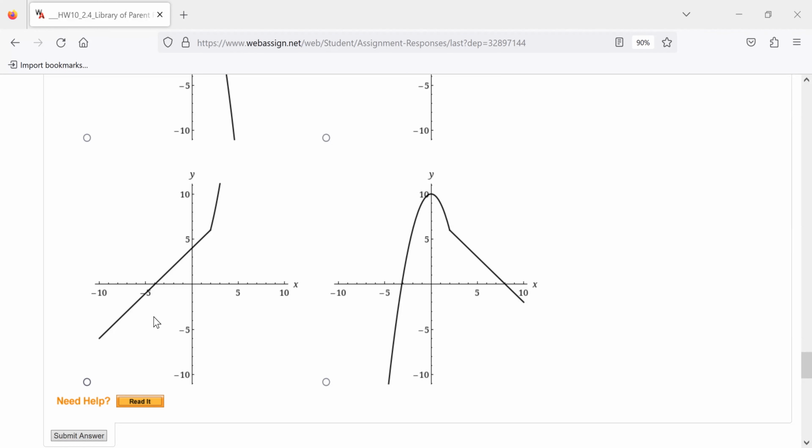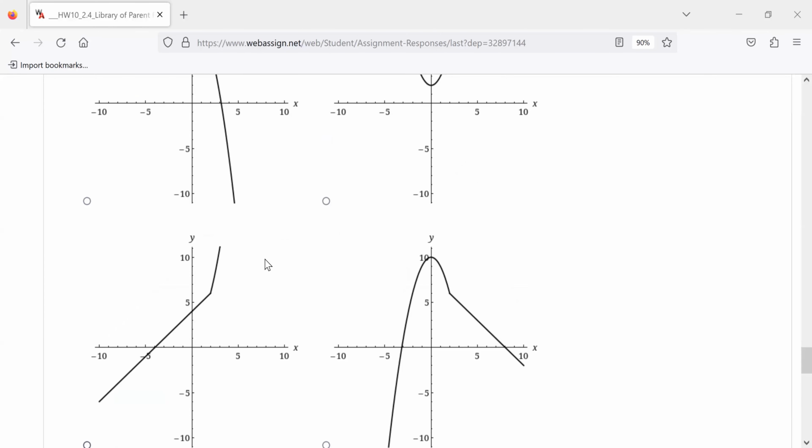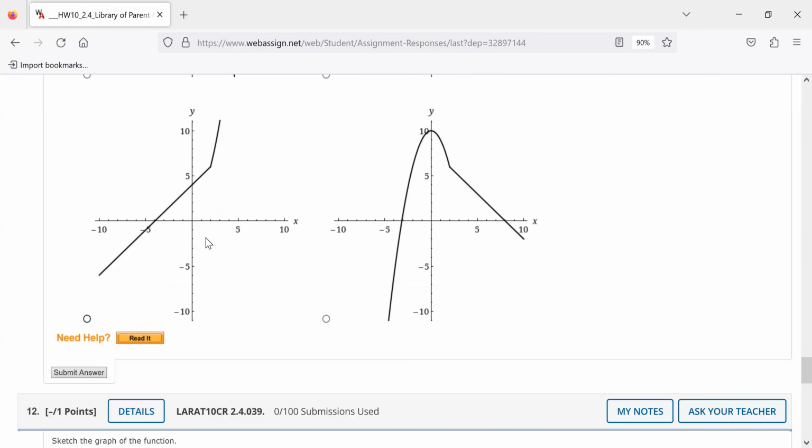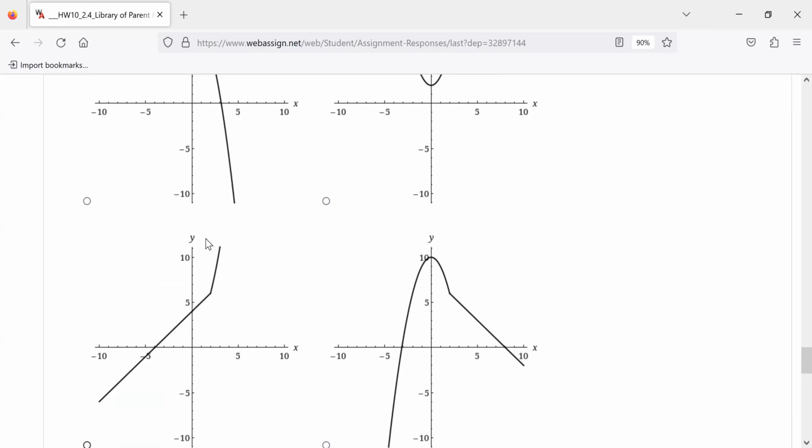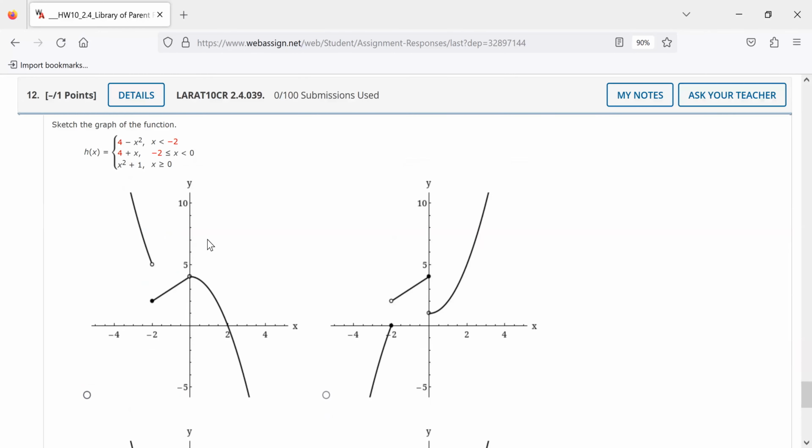Yeah. C, because D has a similar issues as the other two. So yeah, C. The parabola begins x squared plus 2 after 2. So there's a parabola piece. It doesn't really look like one, but there it is. Anyway.